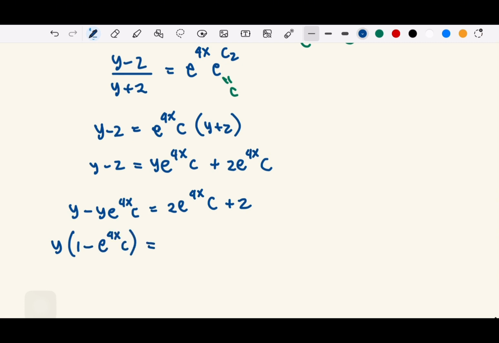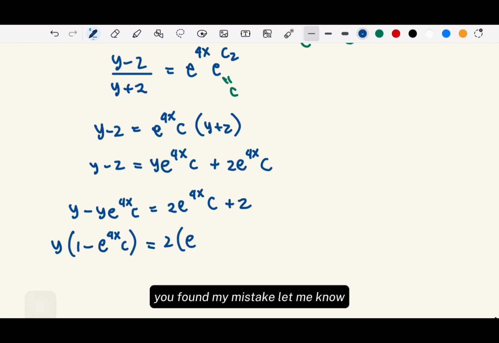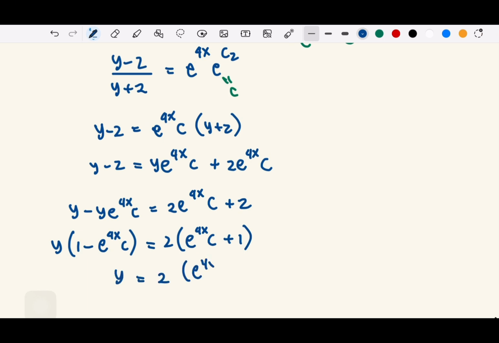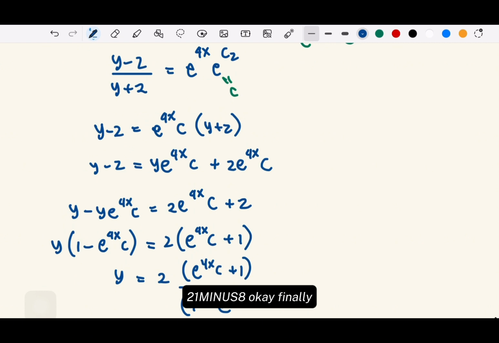Is that correct, right? If you found my mistake, let me know. I haven't checked this yet. Okay, y is 2, and then 1 minus e.